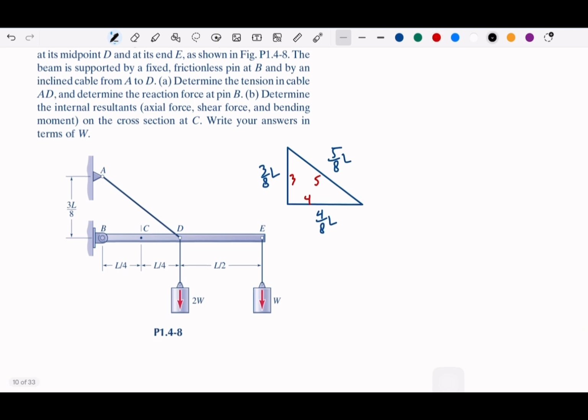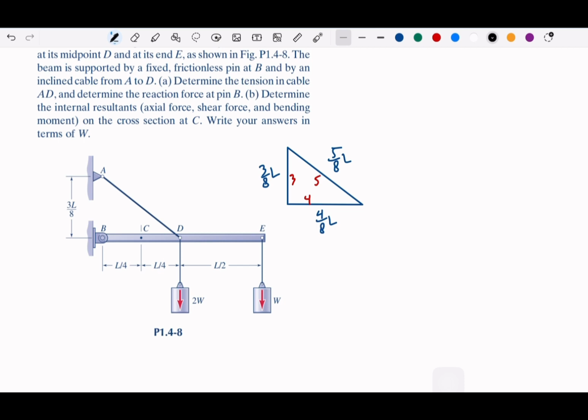So now, since we take this triangle as our approach, we would like to know the tension at AD, right? We could take this BE as our main frame, and taking all this tension as a force, this is also another force here, and we can take B as our perspective to take the moment.